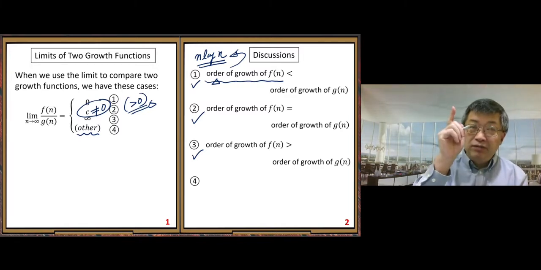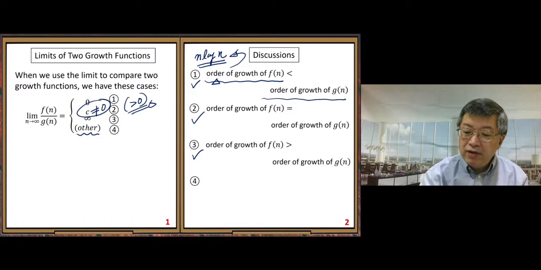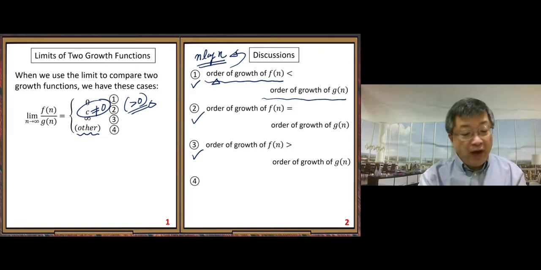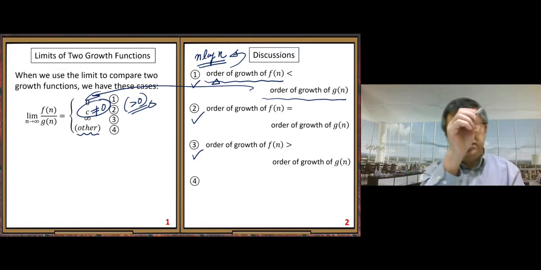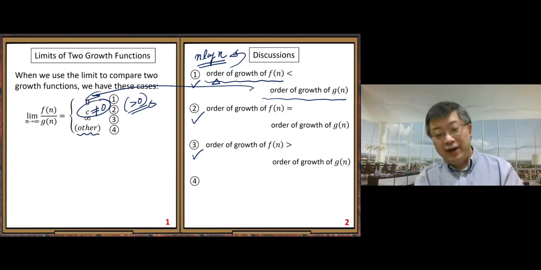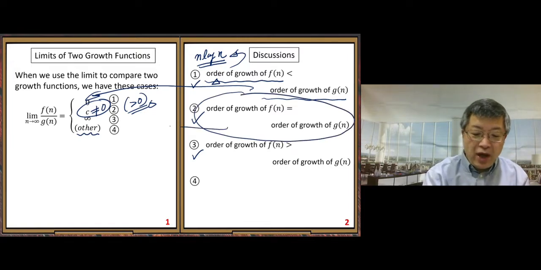Conversely, if the order of growth of f of n is less than the order of growth of g of n, then we must have that limit equal 0. Now, if the order of growth is the same, do we have to have this?